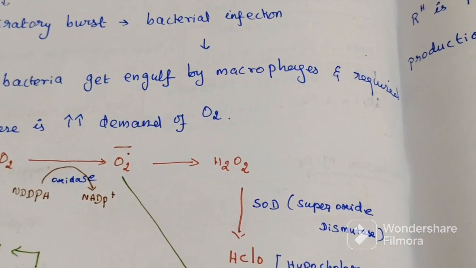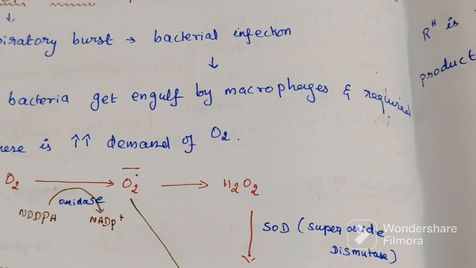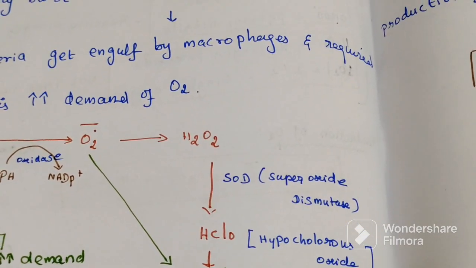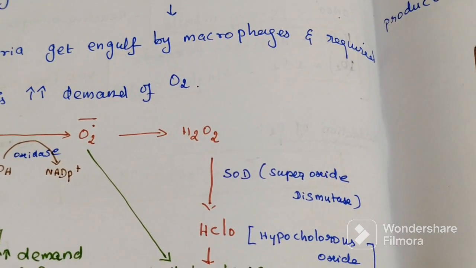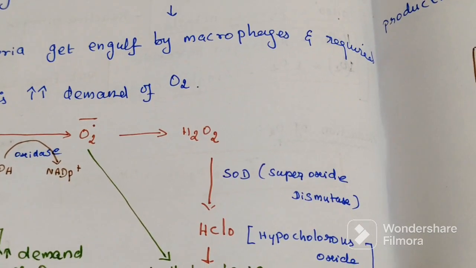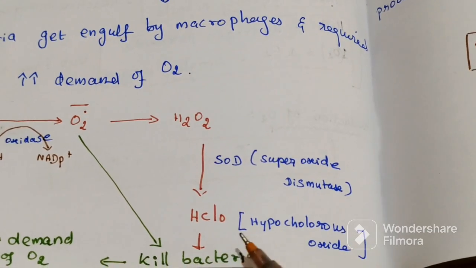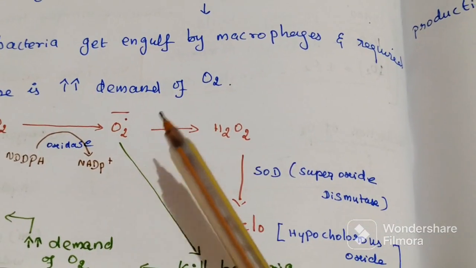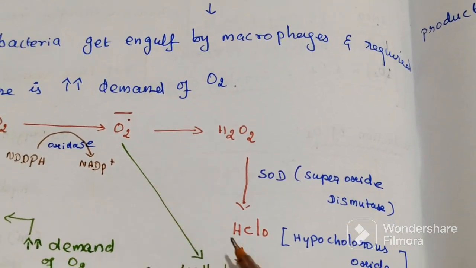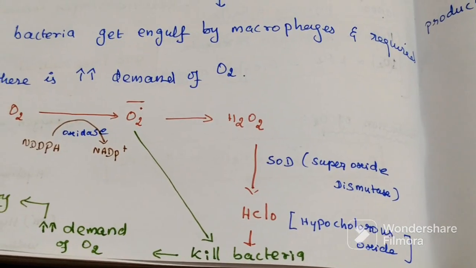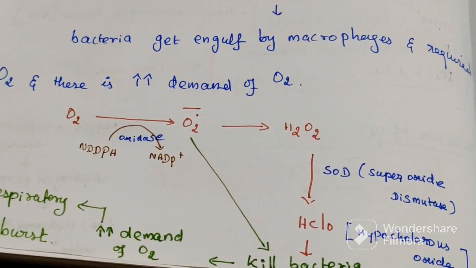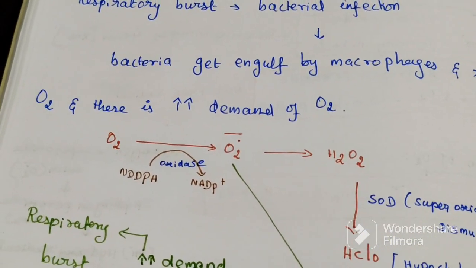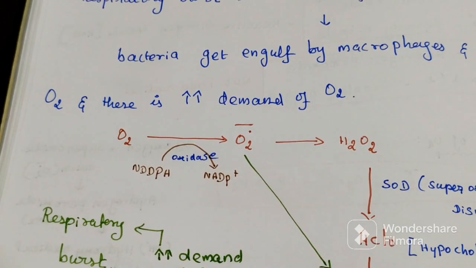Then hydrogen peroxide is converted into hypochlorous acid with the help of SOD, superoxide dismutase. Then this hypochlorous acid will kill bacteria. The superoxide anion also kills bacteria. That is why there is increasing demand of oxygen. That is known as the respiratory burst.